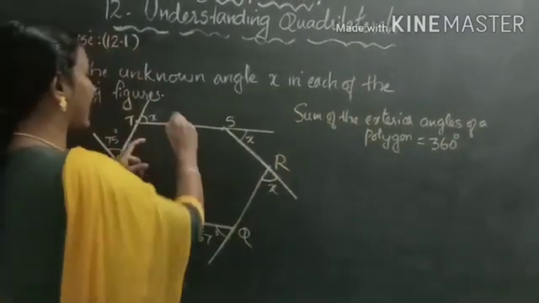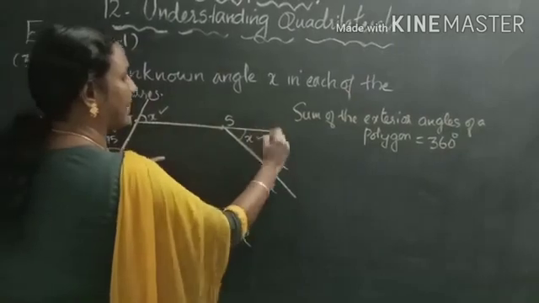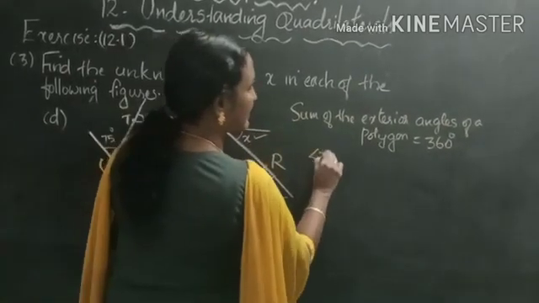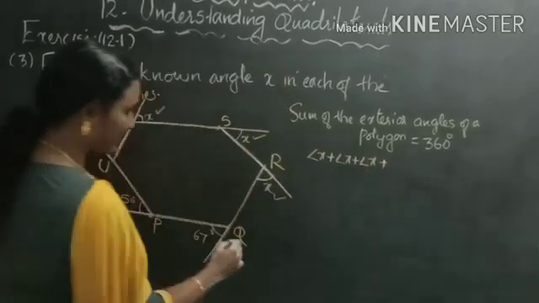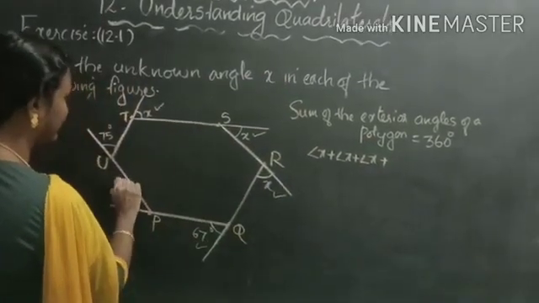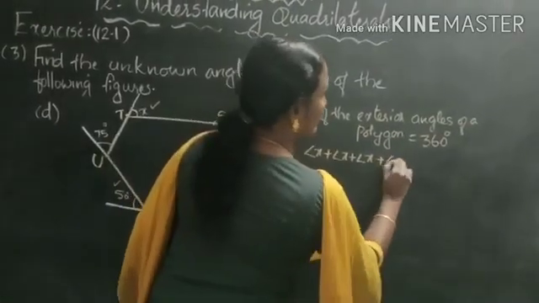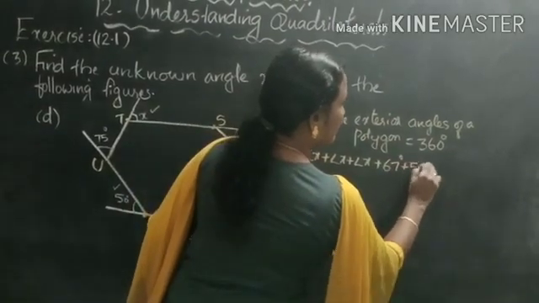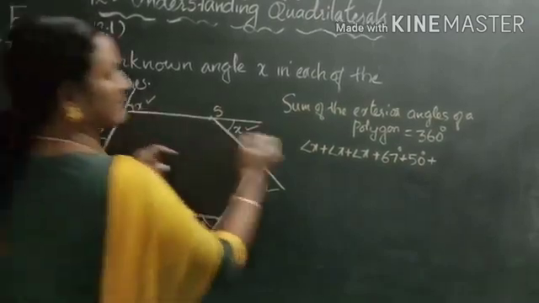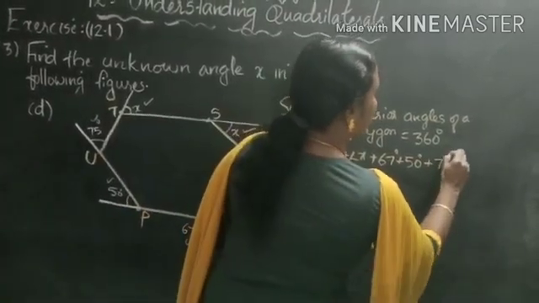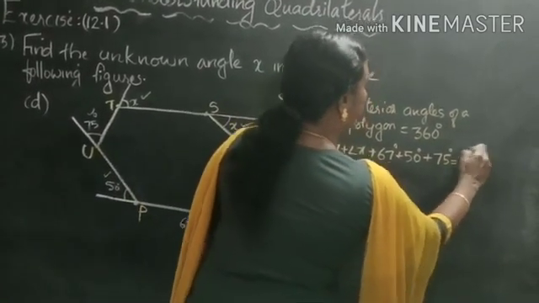Adding all the exterior angles, angle X plus angle X plus angle X plus 67 plus 50 plus 75 is equal to 360 degree.